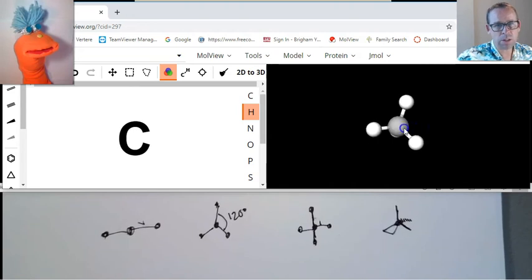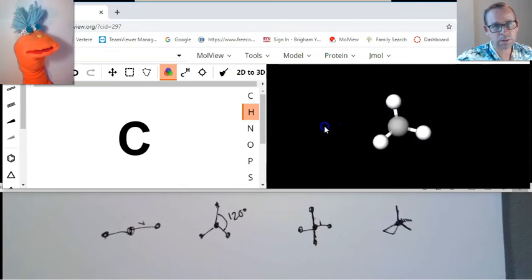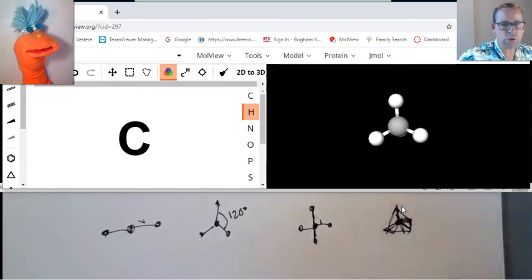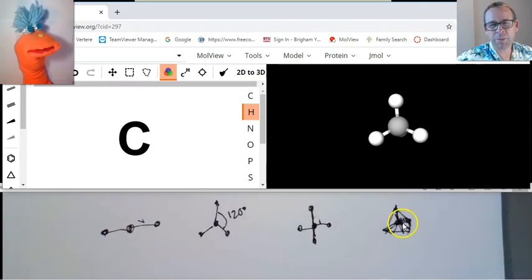Trying to draw something like this. Right about there, right? I was trying to draw something like that. Anyway, you can kind of see this would make a little triangle on the bottom, and then a pyramid maybe like that.